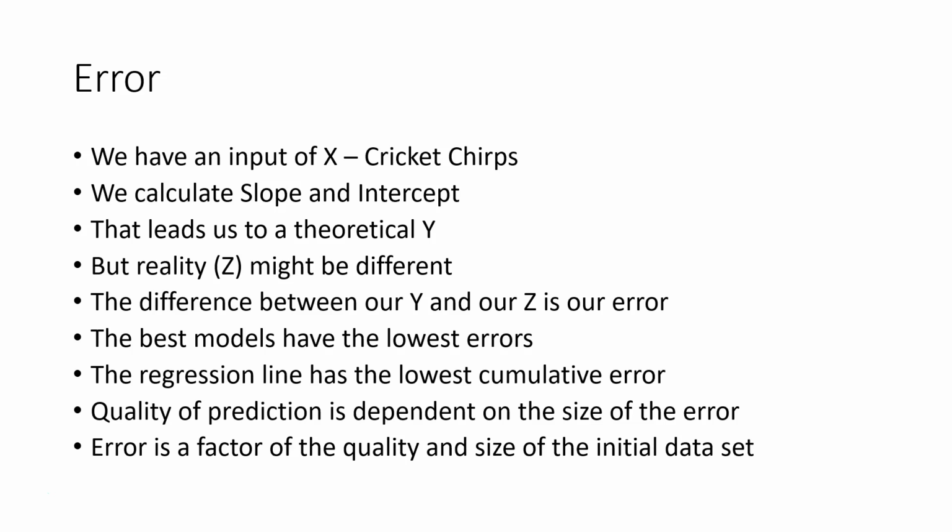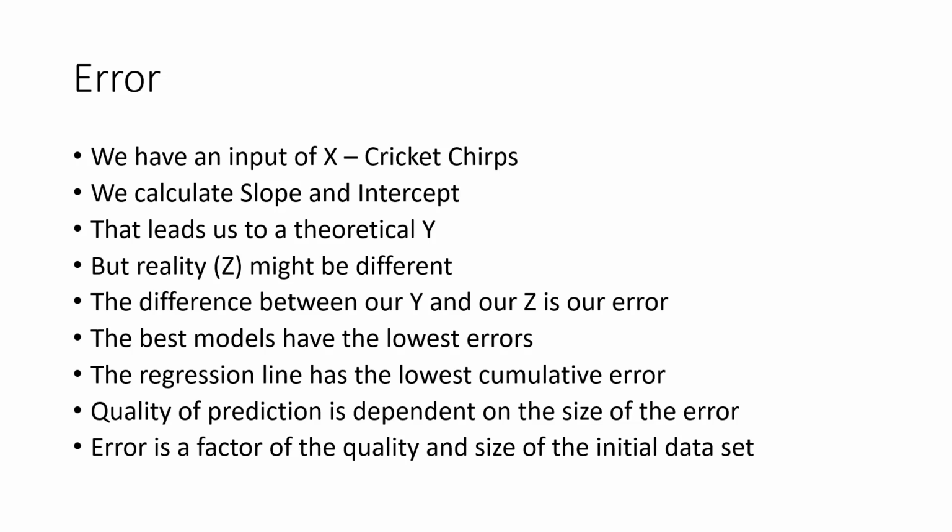If we have the actual measure, z, that's our reality measure, and it's going to be slightly off from y. So what you're really getting is y equals your intercept plus your slope times x plus z, because z is your error. So the difference between our y and our z is our error.